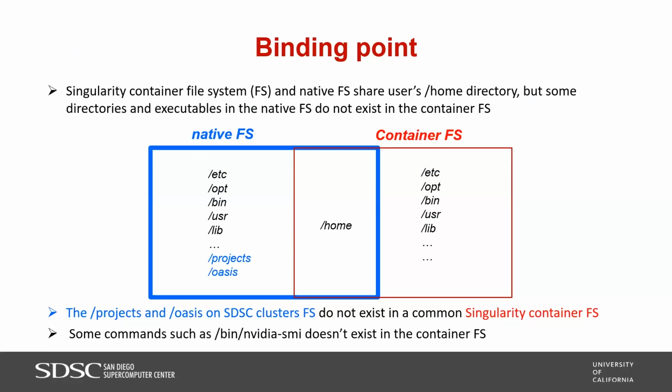Okay, so the next concept is about binding points. The Singularity container file system and the native file system share the user's home directory, but some directories and executables in the native file system do not exist in the container file system, like what I'm showing here. Inside the blue is the native file system, and inside the red is the container file system.